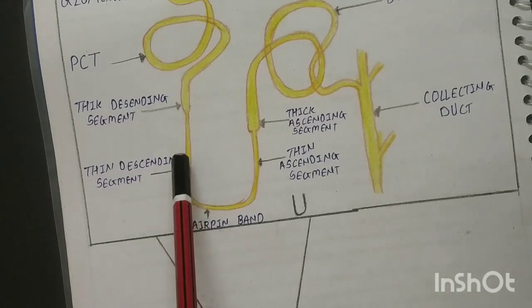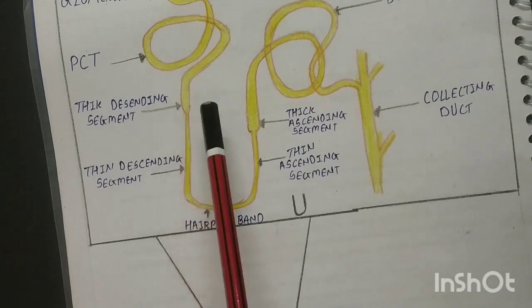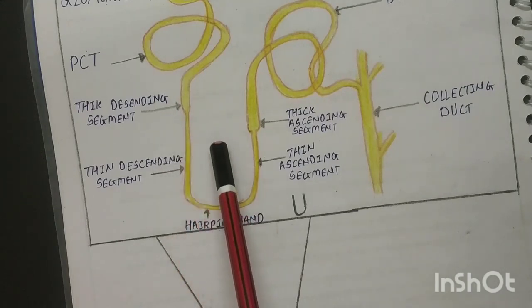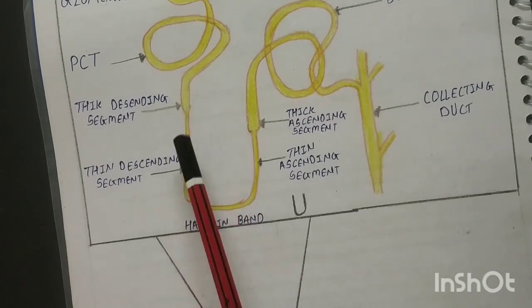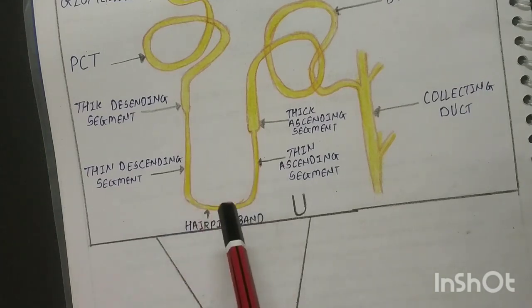The first straight line of the loop of Henle consists of one thick segment and a second thin segment, and this straight line goes downwards, so that's why it is known as descending.